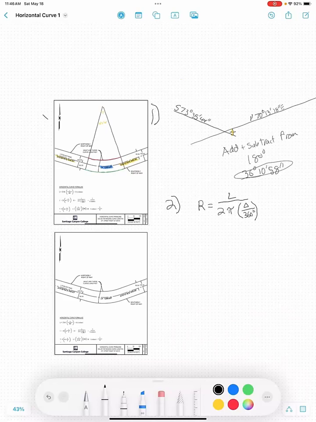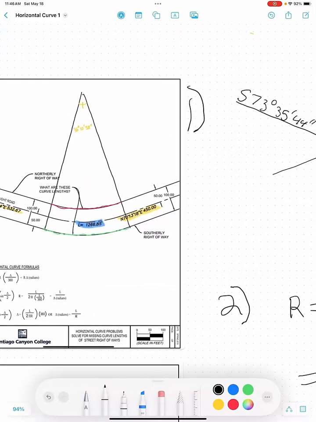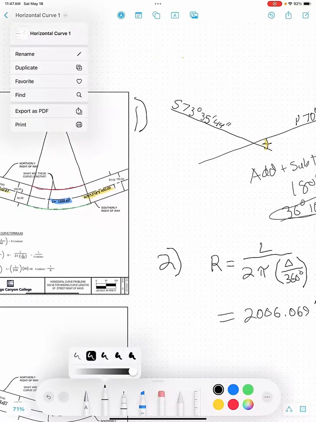Okay, everybody see what we're doing there? That number should come out too. Okay, so now we have that radius that we wanted.